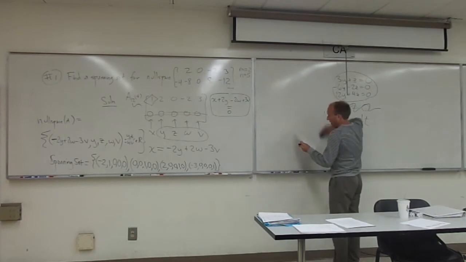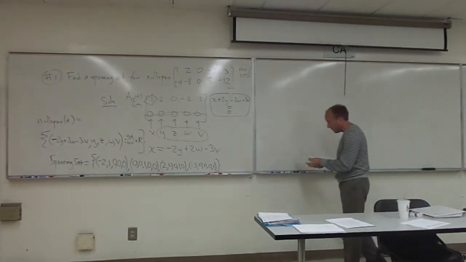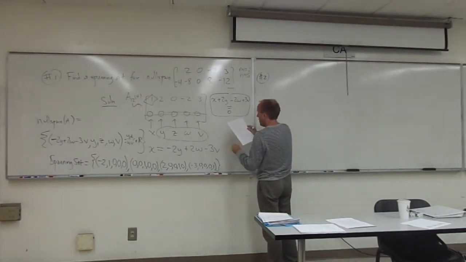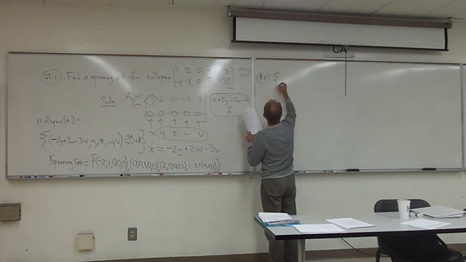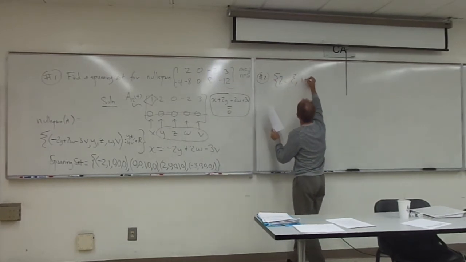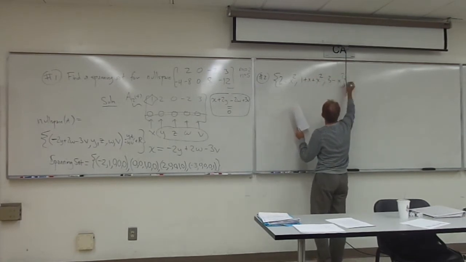Okay, let's do another example. I'm just going to go down my sheet in order for now. Number 2, I'm going to give you a set of vectors: 2 minus x squared, 1 plus x squared, and 3 minus x.